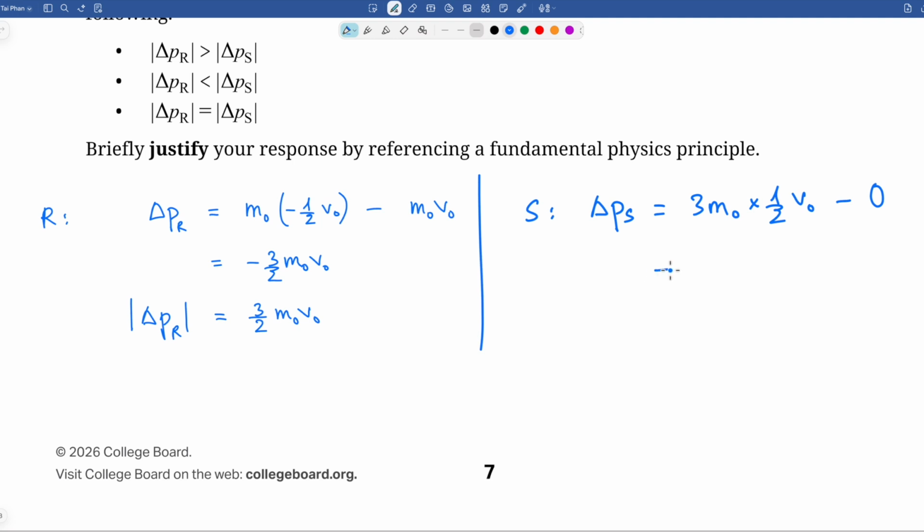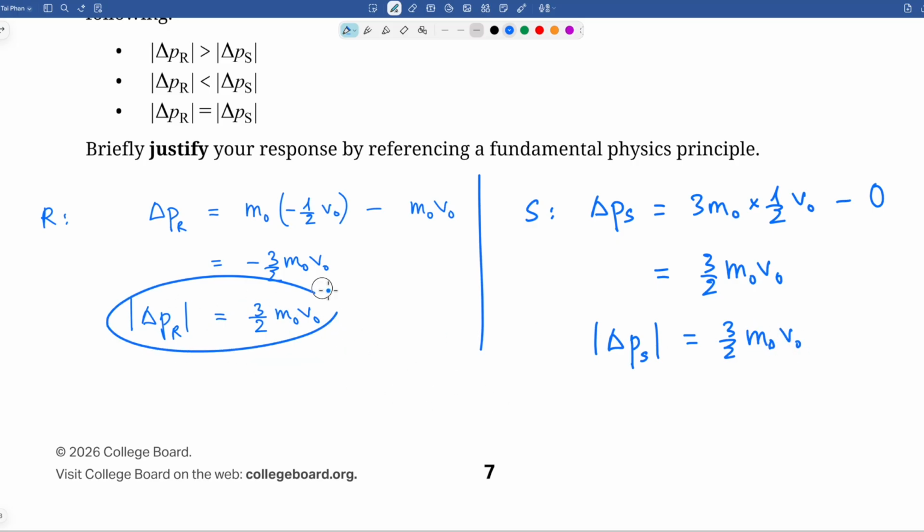So this is 3/2 m0 v0, and therefore we can see easily that the magnitude of delta PS is 3/2 m0 v0, which is exactly the same as the change in momentum of R.